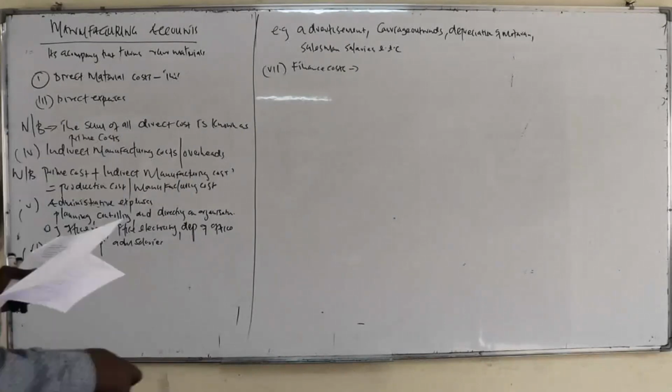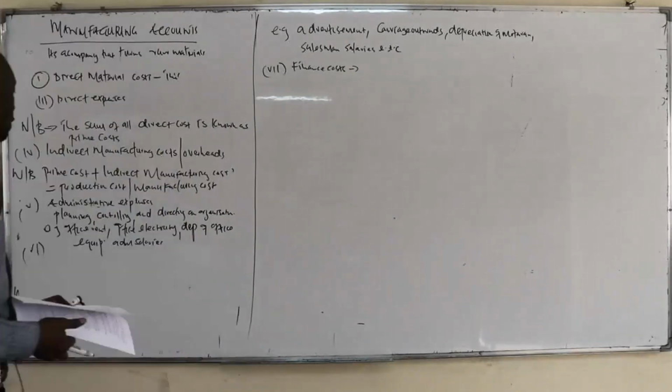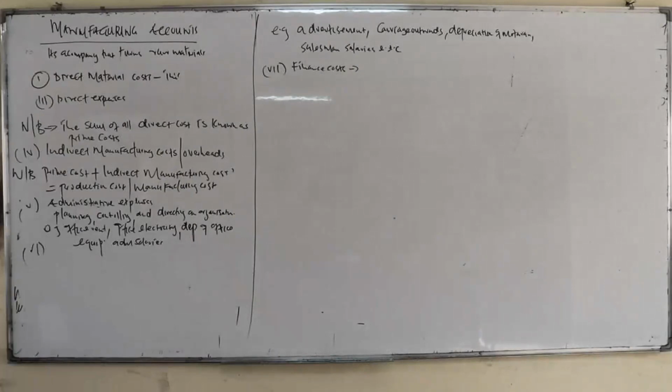So those are the expenses that we incur in the process of manufacturing items. The first cost is material cost. We're saying that is a direct cost. What we mean by direct cost is that you can identify it in the final product. And then we have labor, the cost incurred on those people engaged in production of the products.